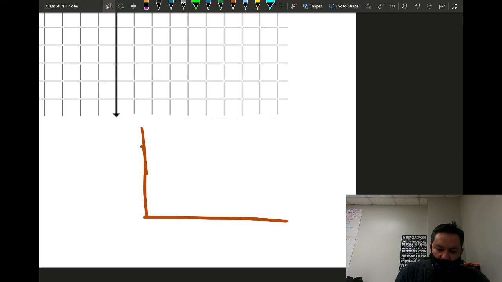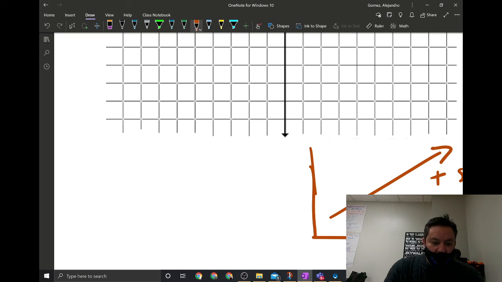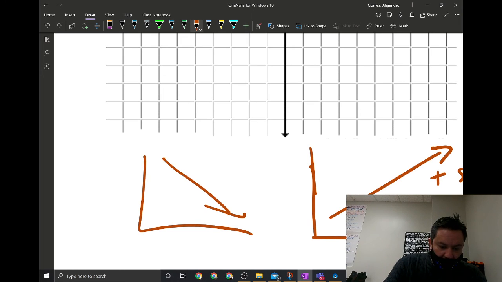Now, real quick, if you have a graph that's just in quadrant 1, going up is meant to have a positive slope, okay? If the graph is going up, it is a positive graph. Now, if the graph is going down like this, then it's meant to have a negative slope.